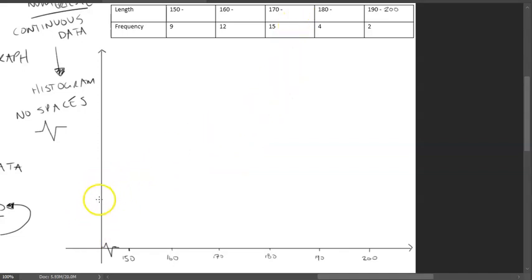So maybe we can do chunks of 5, 10, 15. So let's just get rid of this here, so it doesn't interfere with what we're trying to do.